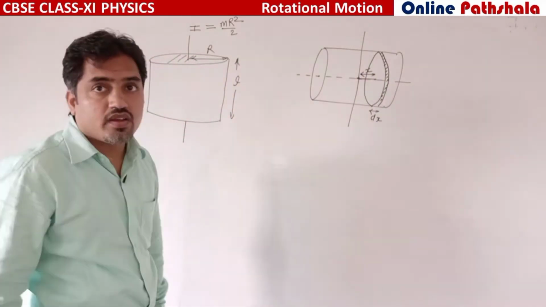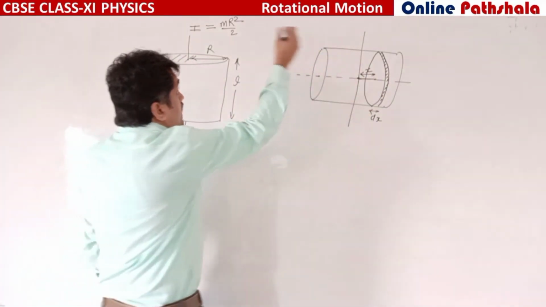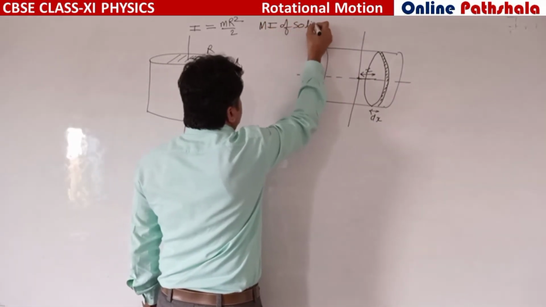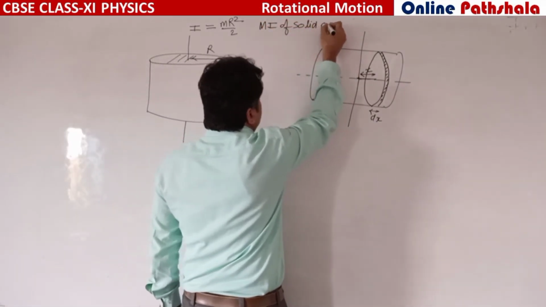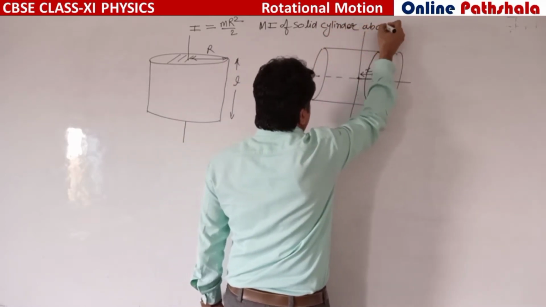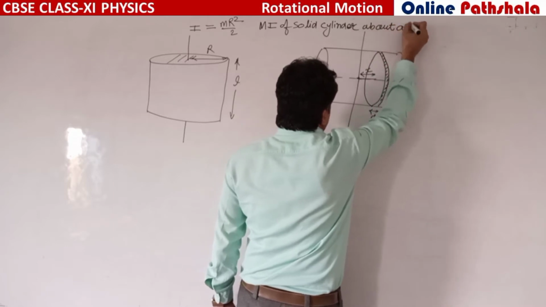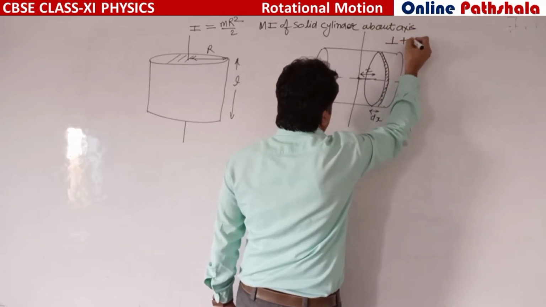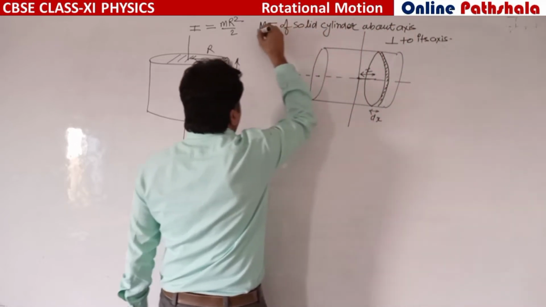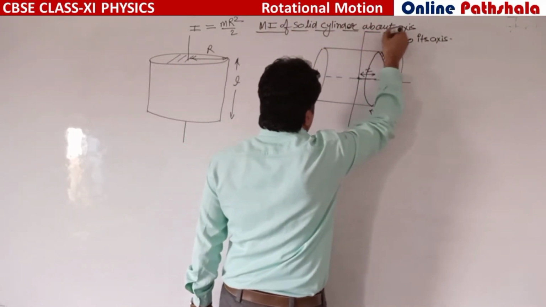What are we doing here? We are finding the moment of inertia of the solid cylinder about an axis perpendicular to the axis of the cylinder.